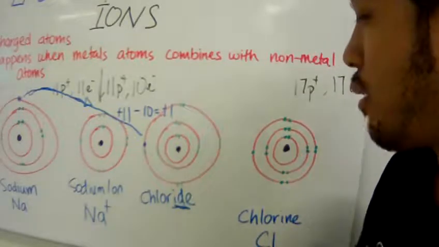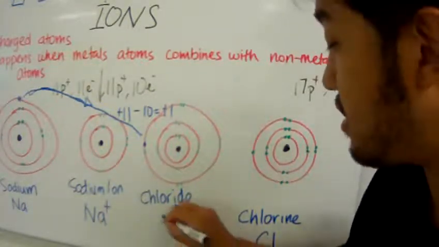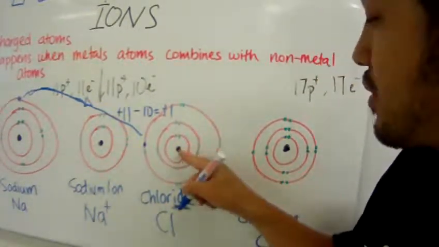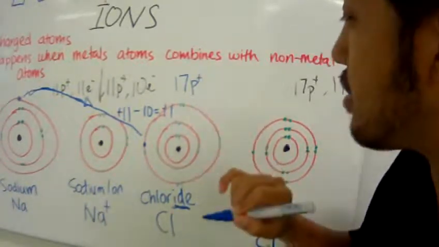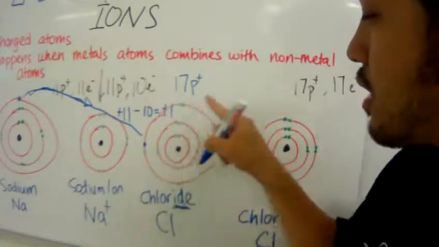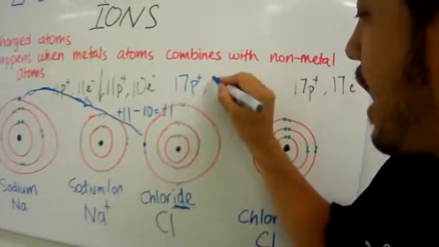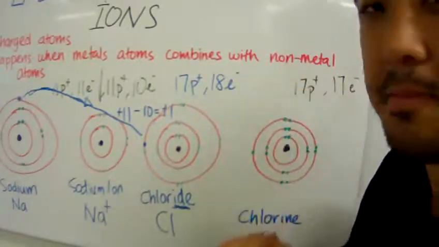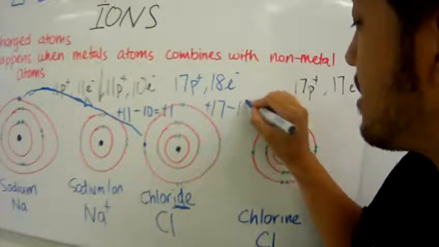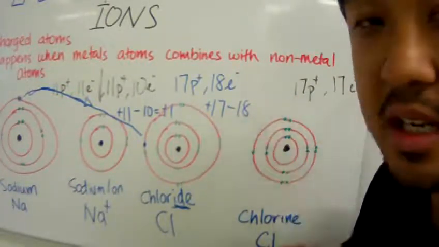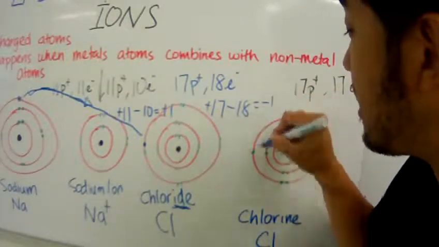All right? Now what's the charge of that chloride? Let's count. The number of protons remains at 17 protons. And now if you count the number of electrons, you will have 18 electrons. So if you have 17 minus 18 electrons, you get a -1.